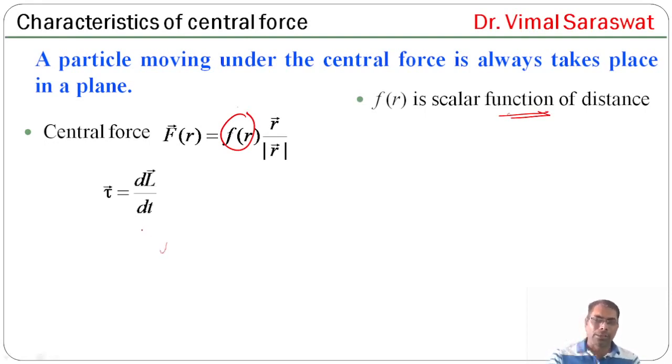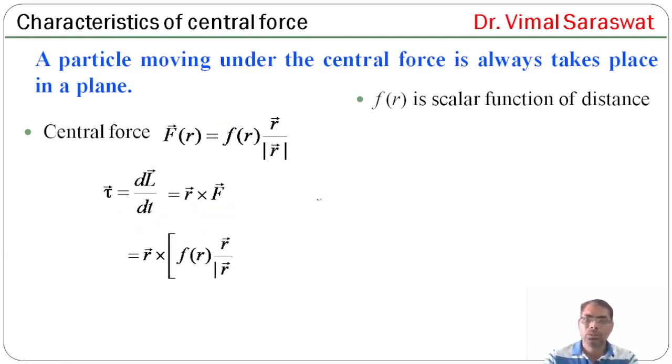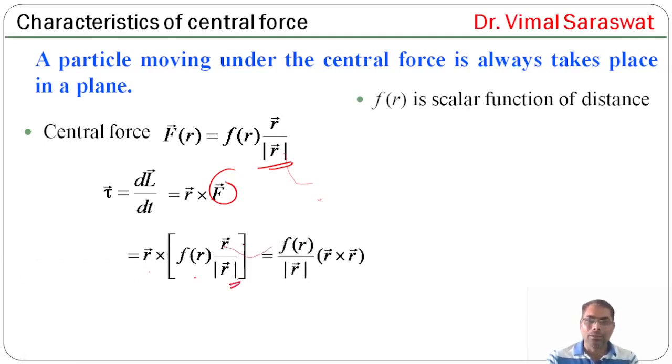Since from Newton's second law, torque equal to rate of change of angular momentum, so tau equal to dL by dt, and also torque equal to r cross F, and if we replace this F with this one, then tau equal to r cross f of r into vector r upon magnitude r. Now, f of r upon magnitude r is a scalar quantity, so we take out this one. So tau equal to f of r upon magnitude r into r cross r, and r cross r is 0, so torque is 0.